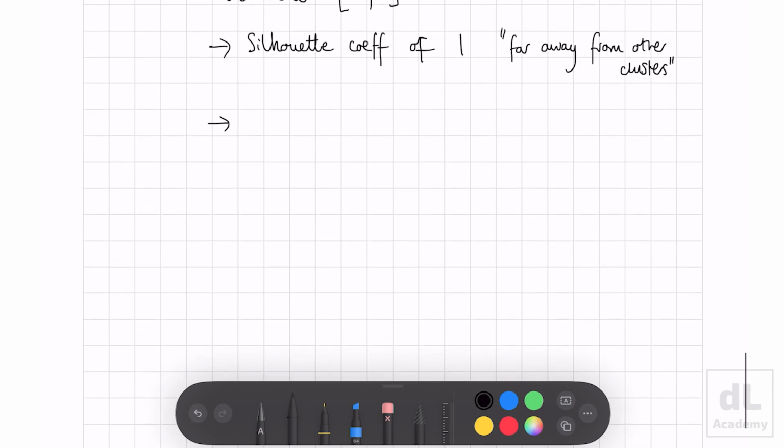A coefficient of 0 indicates the sample is on the decision boundary. So it's very close to a neighbouring cluster and could easily be assigned either way.